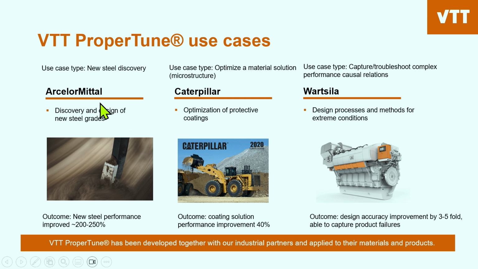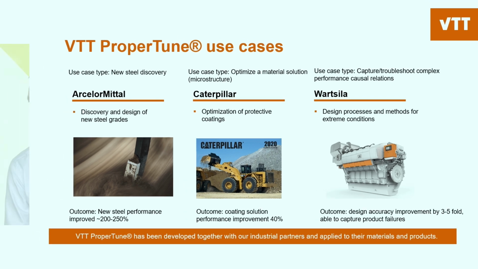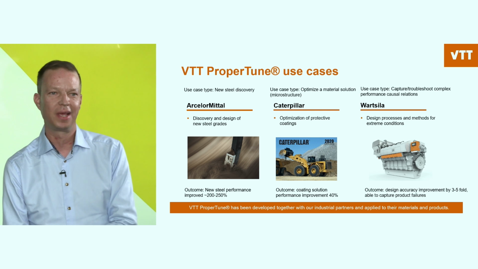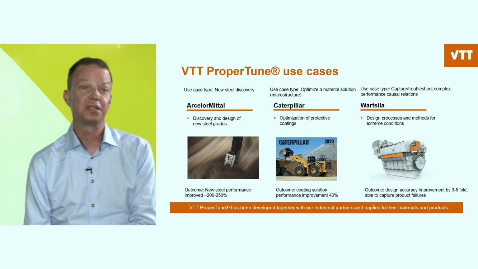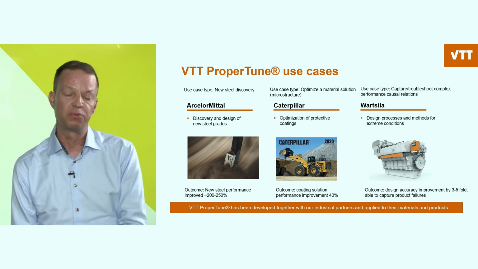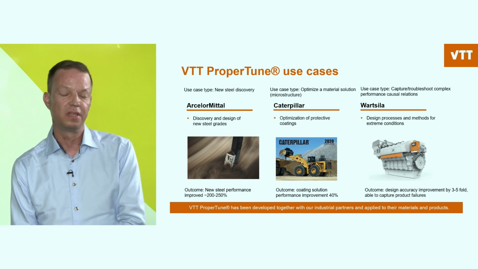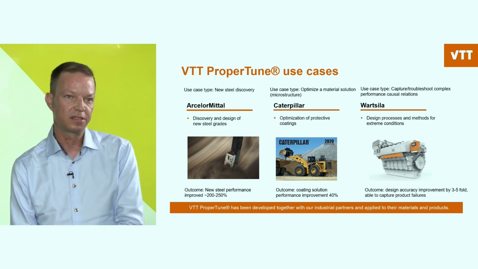If we start from the ArcelorMittal case, ArcelorMittal is the world's largest steel manufacturer. They contacted us asking if we could computationally develop a better performing steel. They told us that you cannot change the composition, meaning don't add any expensive alloying elements, but you can change the thermomechanical treatment, which is done anyway for these types of martensitic steels.